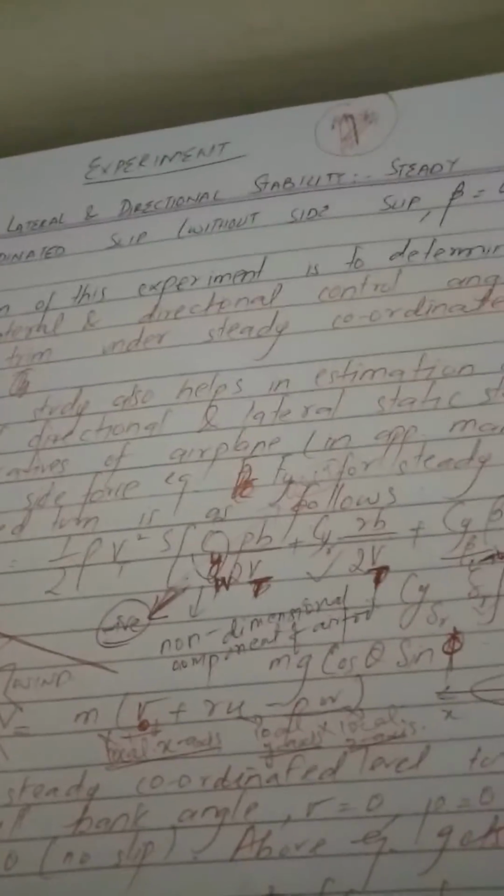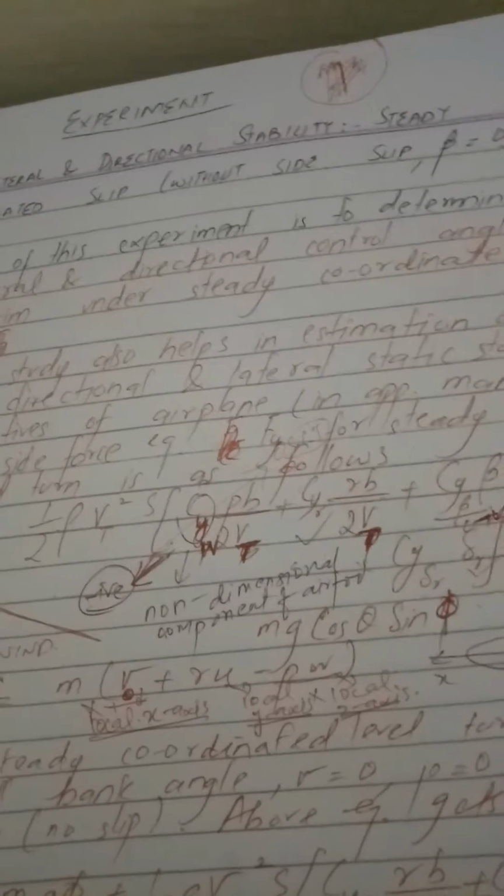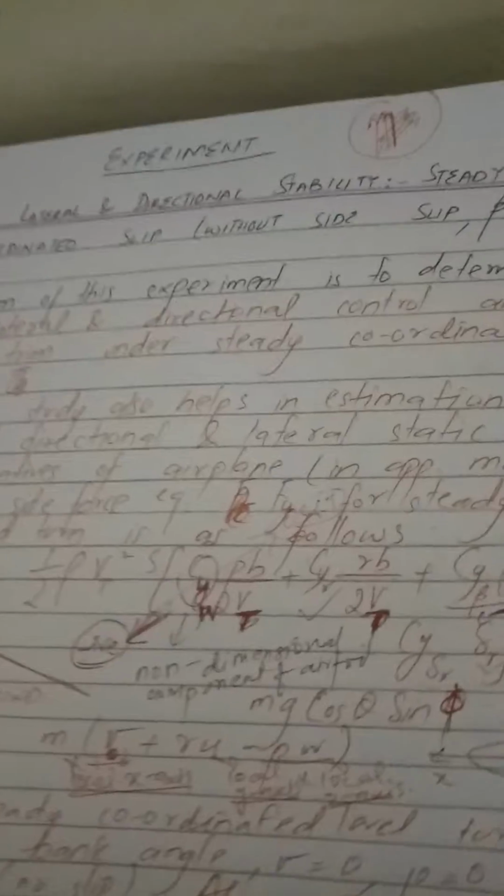If we find that our result is absolutely true, then that means the assumption is absolutely right and our experiment is true for the said assumptions. If there is some variability, that means our assumption or experiment is not correct. That is why we are doing this experiment.